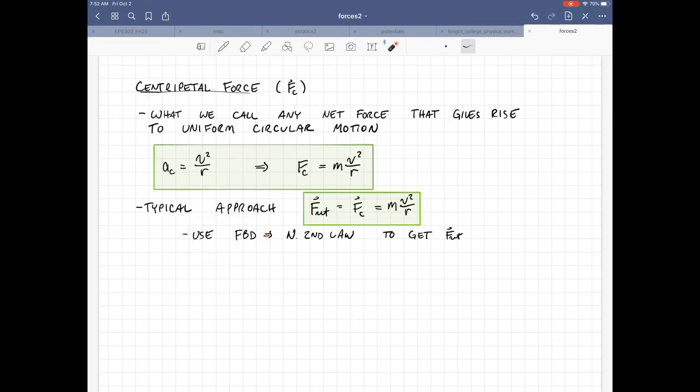You would draw a free body diagram, apply Newton's second law, and then at that point, when you set up m a, you would plug in v squared over r for the acceleration. So that's when you've got an object experiencing a variety of forces but is undergoing uniform circular motion. You would leverage the fact that if it's undergoing uniform circular motion, the net acceleration has to be v squared over r, so that net force has to be what we call centripetal force.